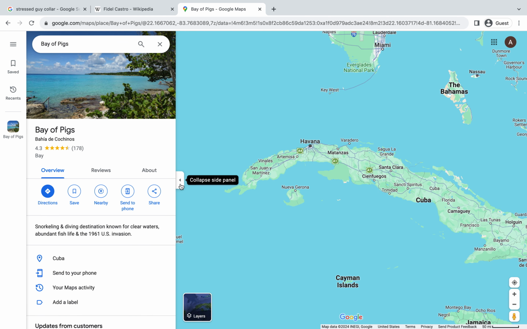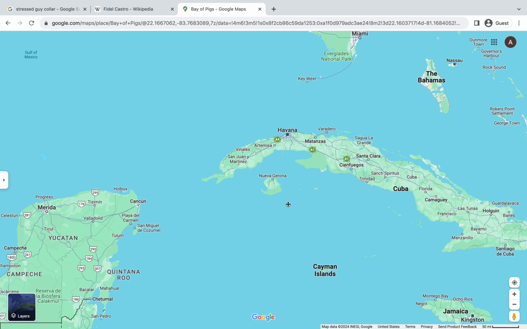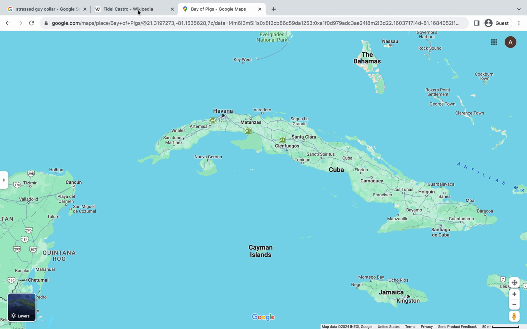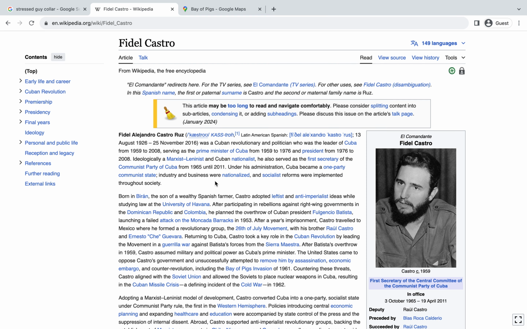But basically, our friend Fidel takes over. He led a rebellion that threw out the old government that was in charge of Cuba, and then he became in charge of Cuba. And when he did, the United States wanted to attempt to remove him.